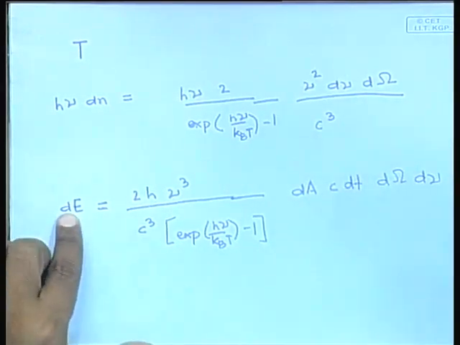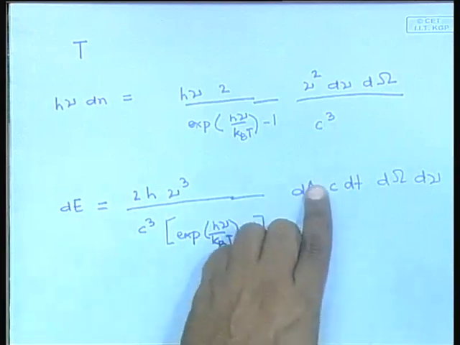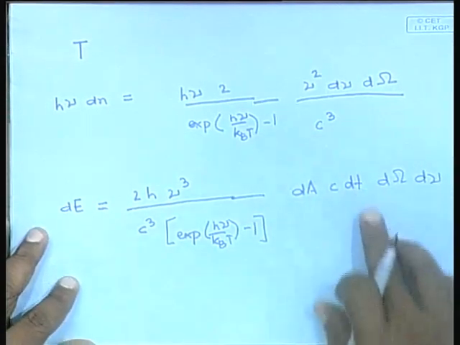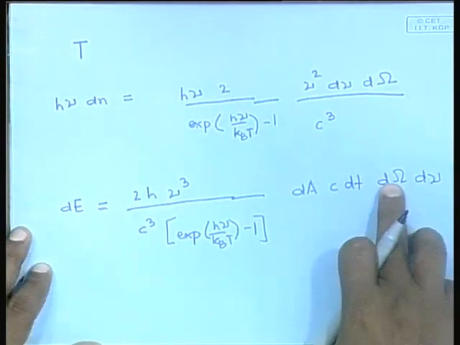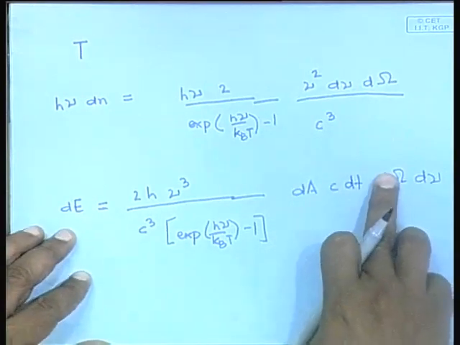So, this is the energy that will cut across the area dA in the time dt in the frequency interval d nu, for the photons traveling in the solid angle d omega.